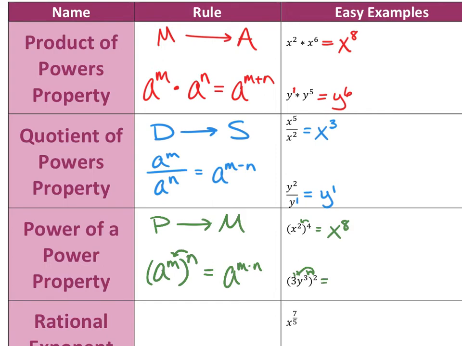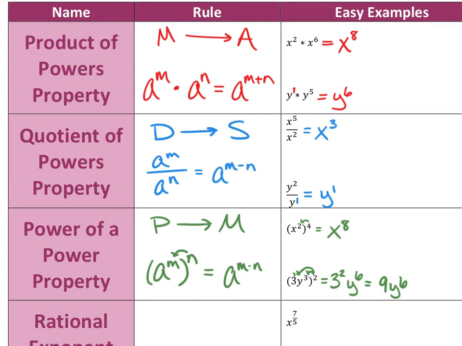So this is going to be 3 to the 1 times 2 power, which is 2, and y to the 3 times 2 power, which is 6. That's an acceptable answer, but it's not really simplified because we've got a good old-fashioned number raised to a power. When a good old-fashioned number is raised to a power, you can go ahead and multiply. 3 squared is 9. So we'd want to stop simplifying all the way at 9y to the 6th power.